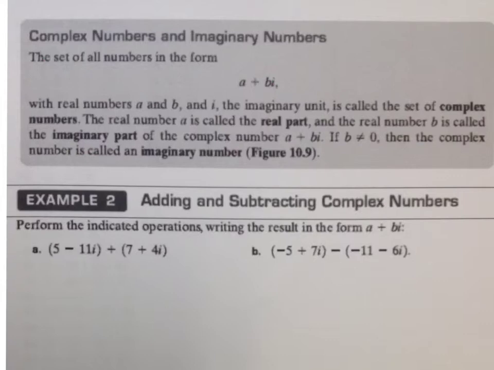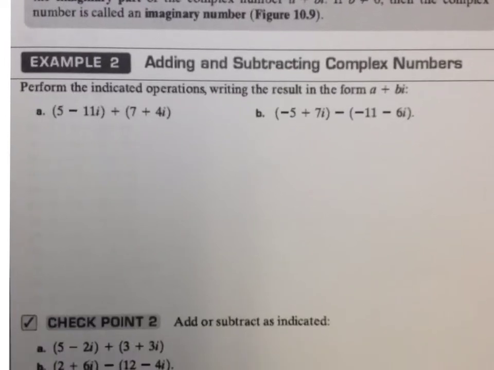So let's work on adding and subtracting these complex numbers. And the way it works is I can add the real parts and I can add the imaginary parts, but I can't combine the real and the imaginary. I can write it out as real part plus imaginary part, but I can't actually add the numbers.